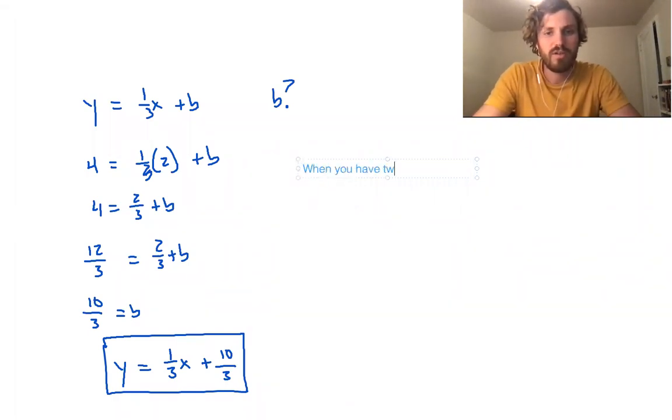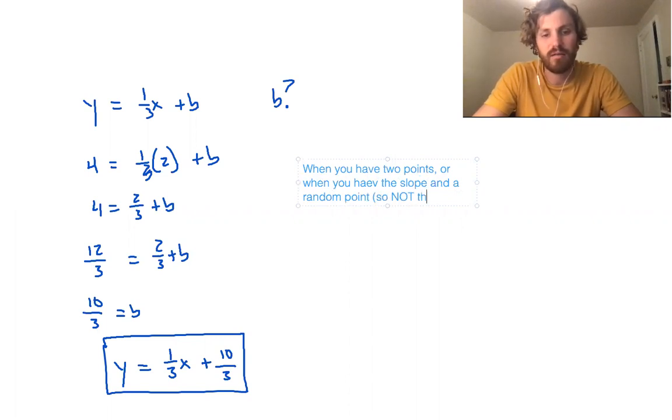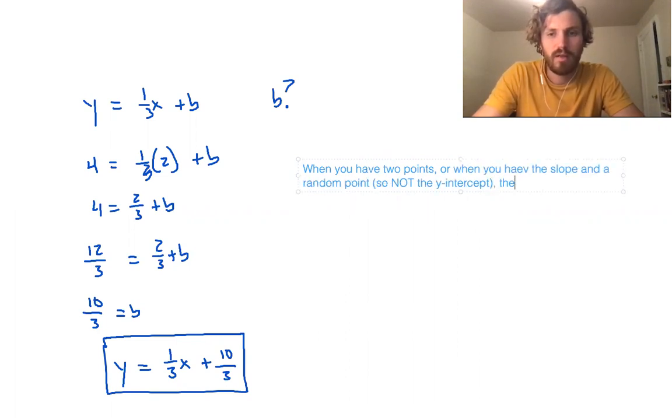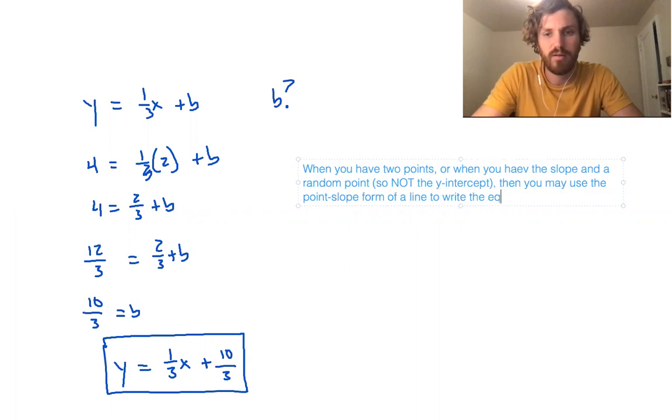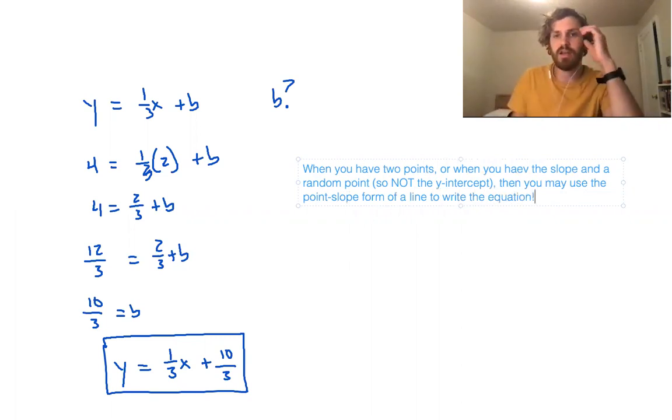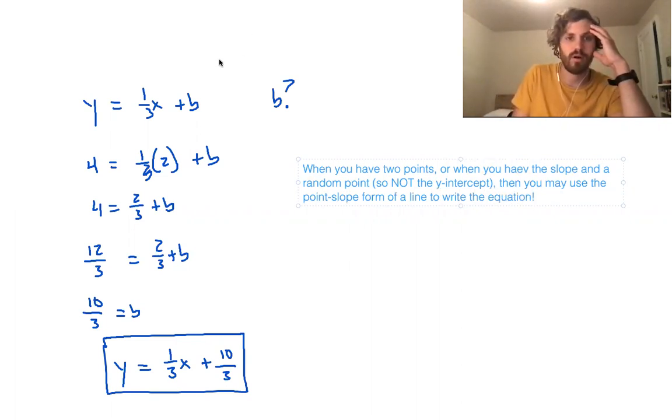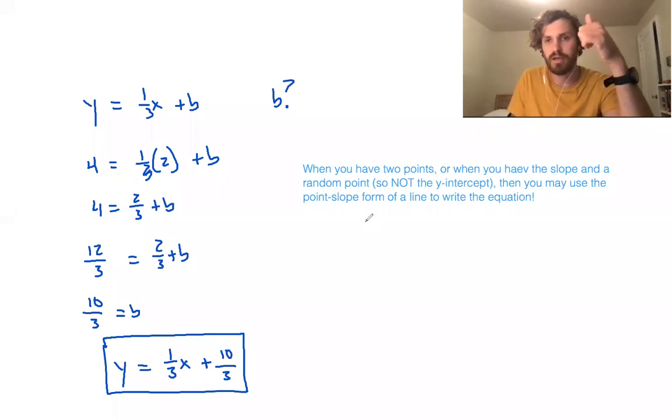When you have 2 points, or when you have the slope and a random point, so not the y-intercept, although it works with the y-intercept as well, then you may use the point slope form of a line to write the equation. And so this is kind of a nice form because it works for any point and a slope.